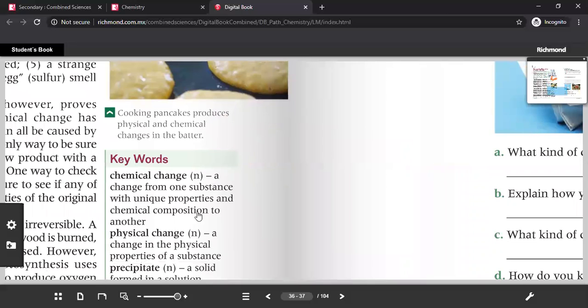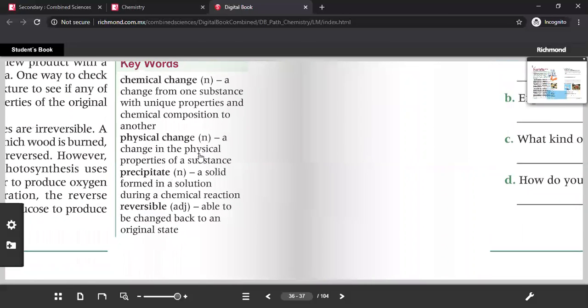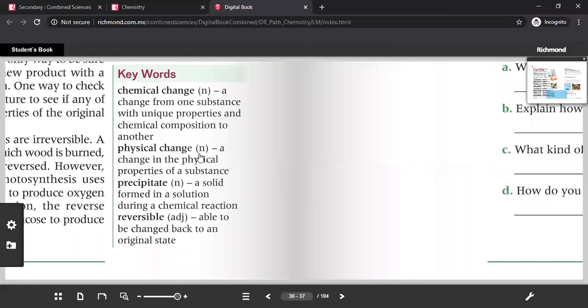And here we have the key words. We haven't discussed the key words, but I am sure that you guys understand these terms such as chemical change, physical change, precipitate, and reversible, because that's what we have mentioned in our videos.